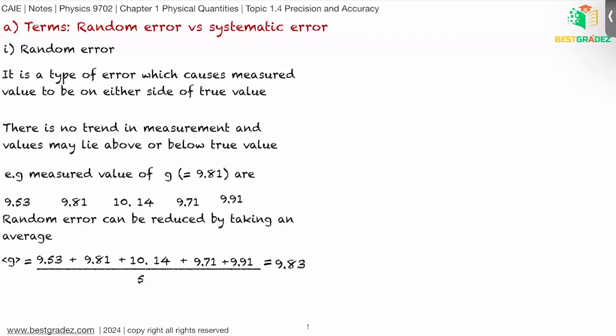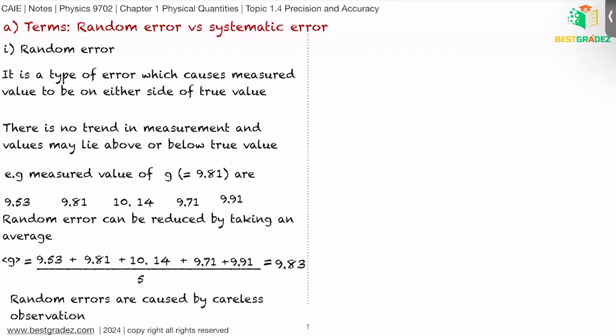What if I'm repeating the experiment and every time I'm measuring from different angle? So that is causing an error, and that error is not specific. So even parallax error can be an example of random error. Okay? Usually careless observation or some factor which is not constant. Okay? That's a random error.